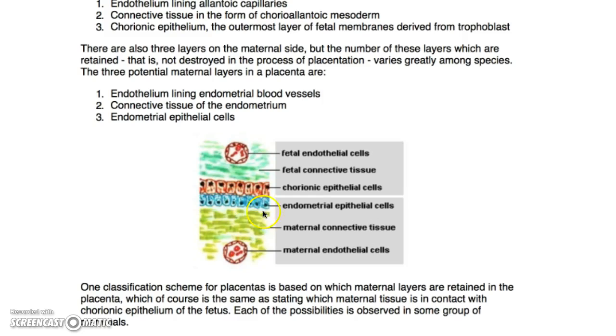Then there's some connective tissue and a layer of epithelial cells, and then a layer of chorionic epithelial cells, some connective tissue, the blood vessels of the fetus, again in cross section, so you can see this layer of endothelial cells, and then the contents of the blood vessels on the fetal side. So this is our starting point.